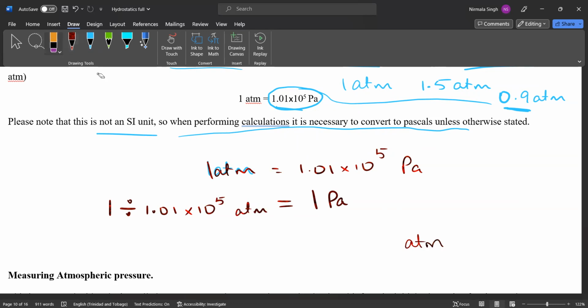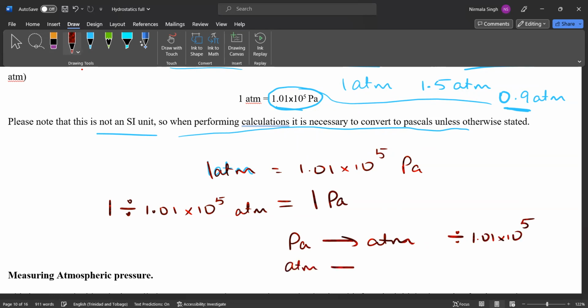So if I want to do my conversion, this is what we do. From pascals to atmospheres, we divide by 1.01 by 10 to the 5, and vice versa, from atmospheres to pascals, we multiply by 1.01 by 10 to the 5. You want to write it down? You write it down quick.